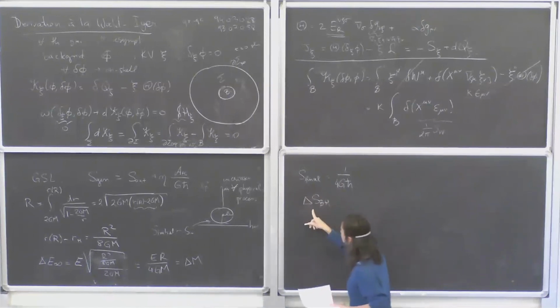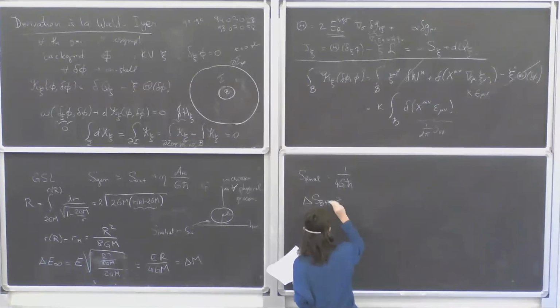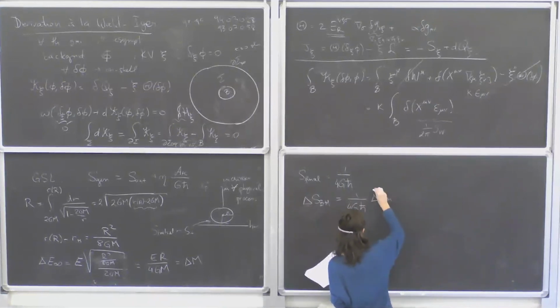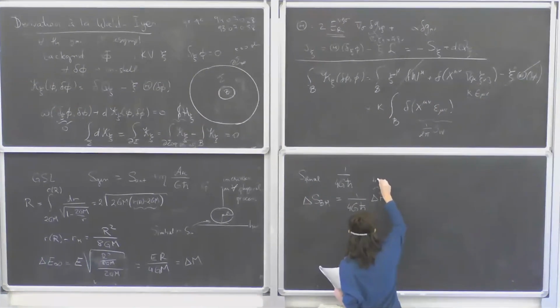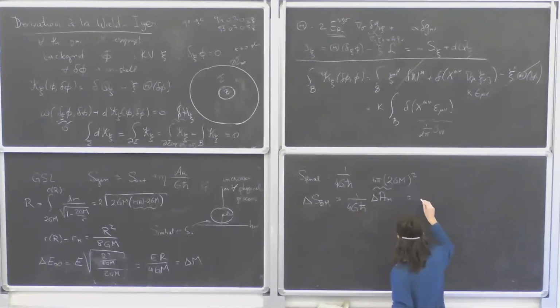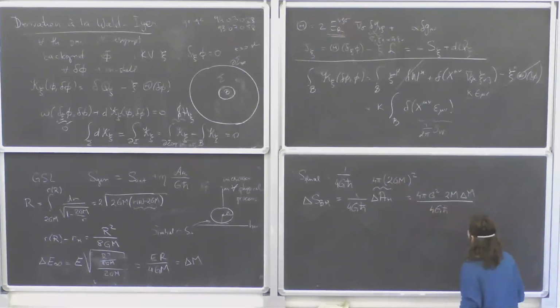Okay, let's just look at the variation in the black hole entropy. So that's 1/4Għ times delta of the area of the event horizon, which is 4 pi times 2GM squared, and I have to take a delta. So this is 4 pi G squared times 2M delta M divided by 4Għ.